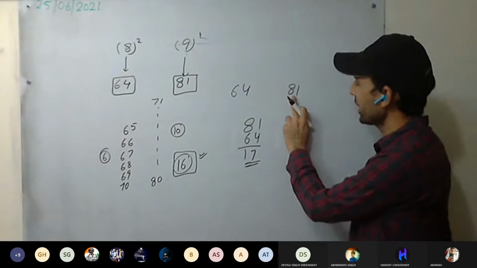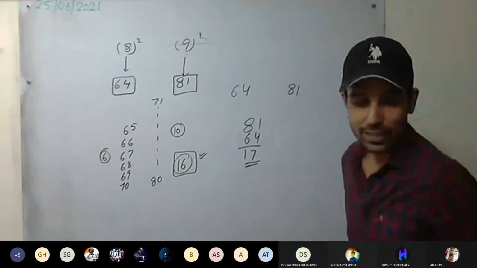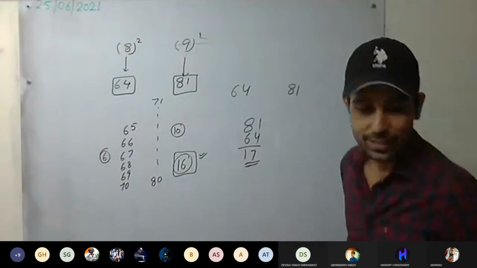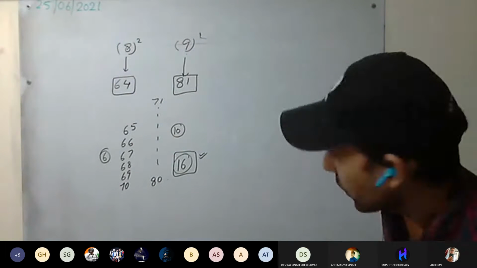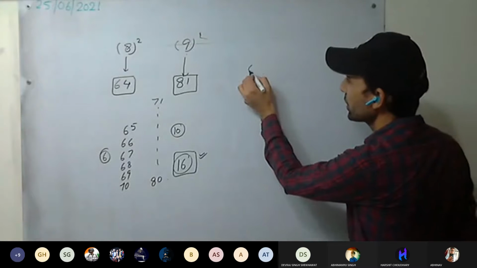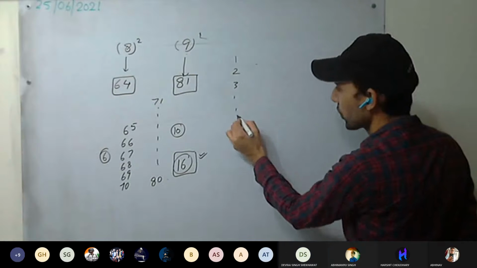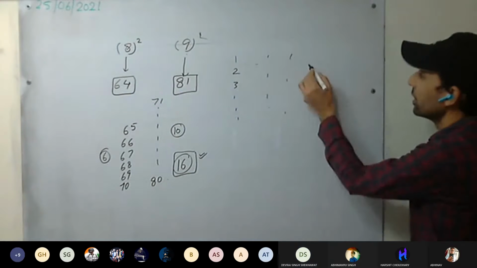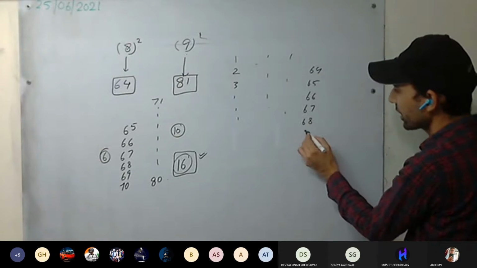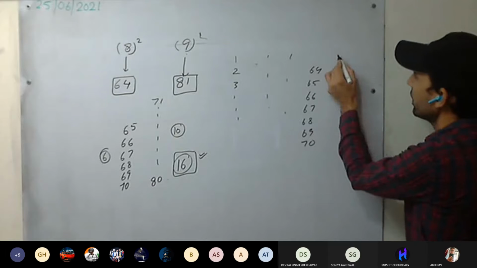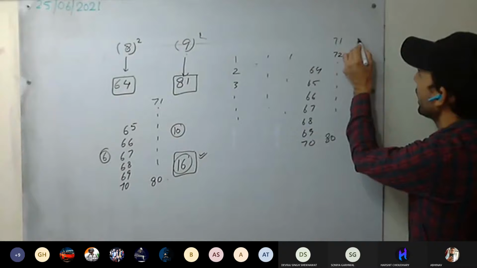We have subtracted 64 from 81. See here, why are we getting one extra? This will help you a lot, so pay attention, this is very important. We are starting from 64 and writing like this: 64, 65, 66, 67, 68, 69, 70, then 71, 72, 73 up to 80 and 81.